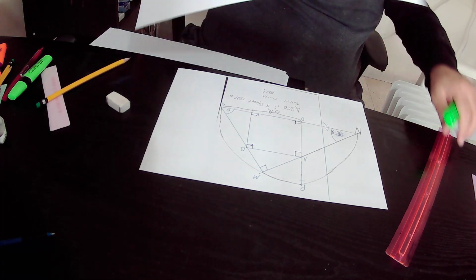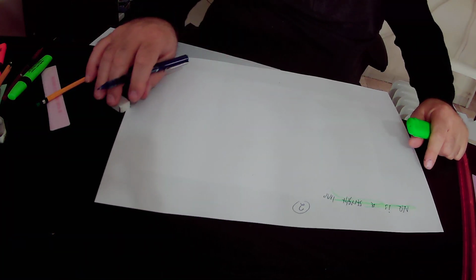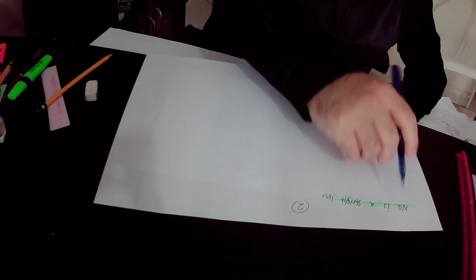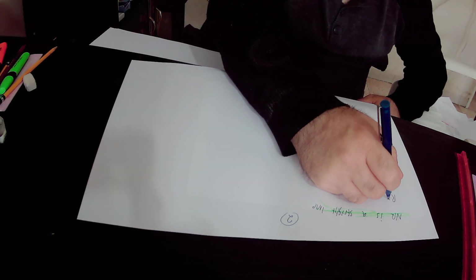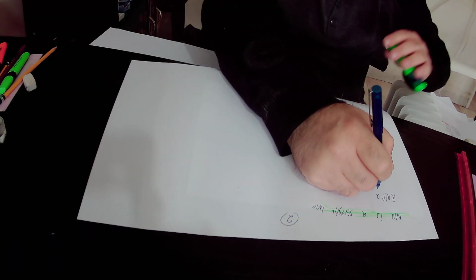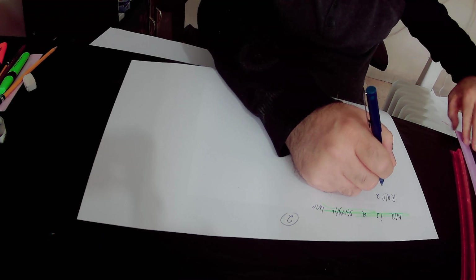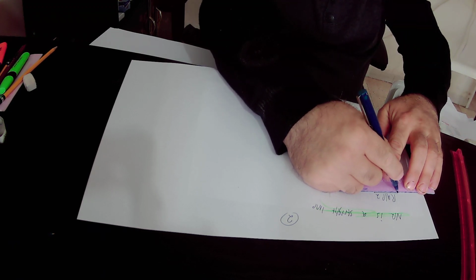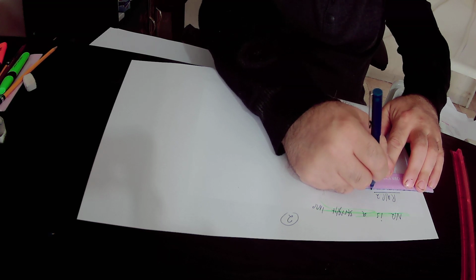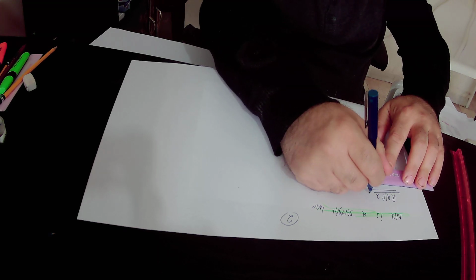And we have also rule number 2 that is related to a straight line. According to rule number 2, the sum of the angles on one side of a straight line is equal to 180 degrees. I will write it down.